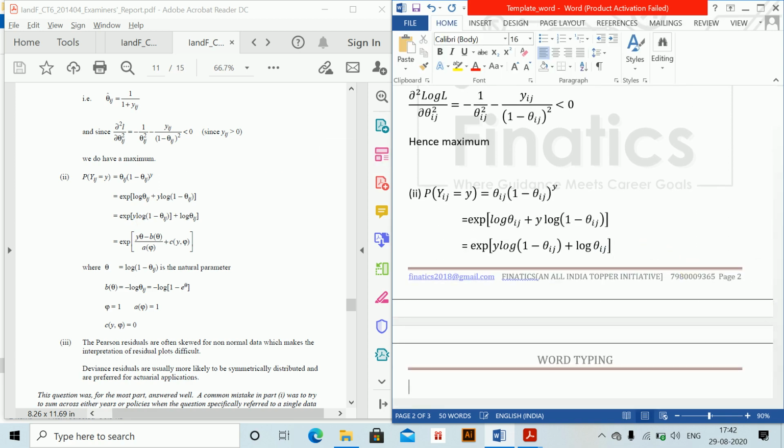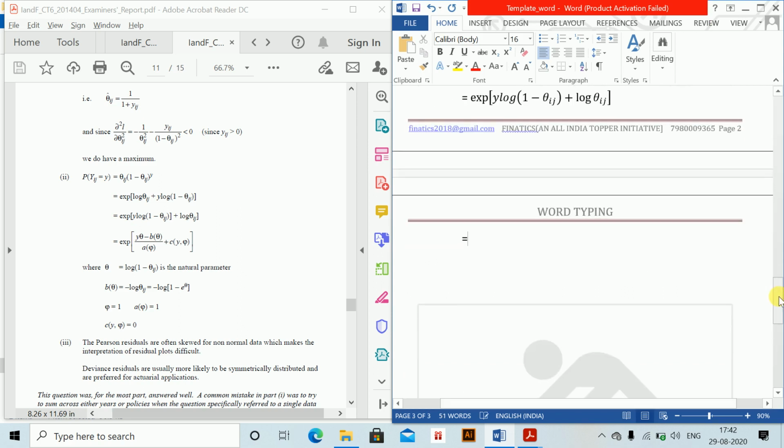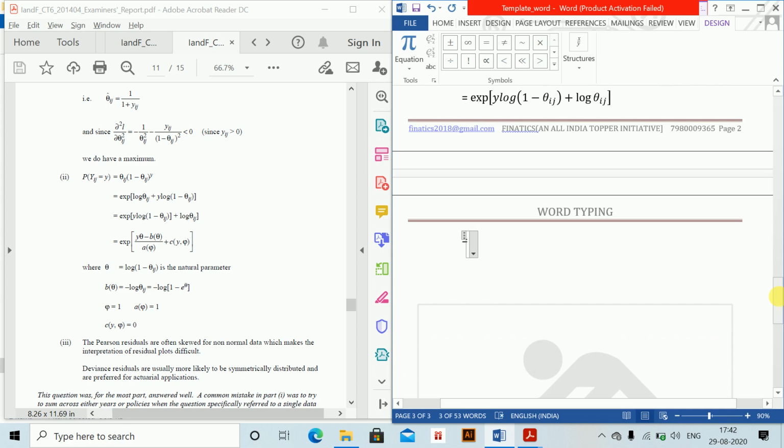Coming to next line, coming down, this finally becomes exp of (y \theta minus b of \theta) divided by a of \phi plus c of y comma \phi.